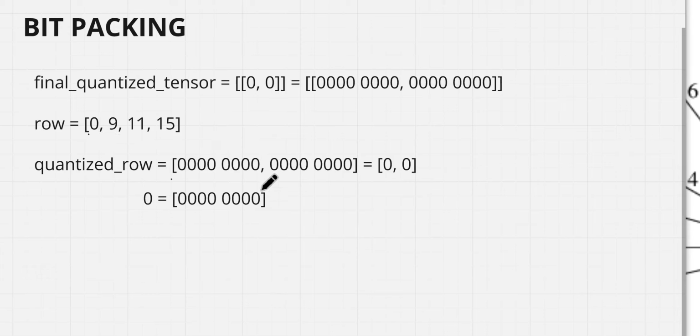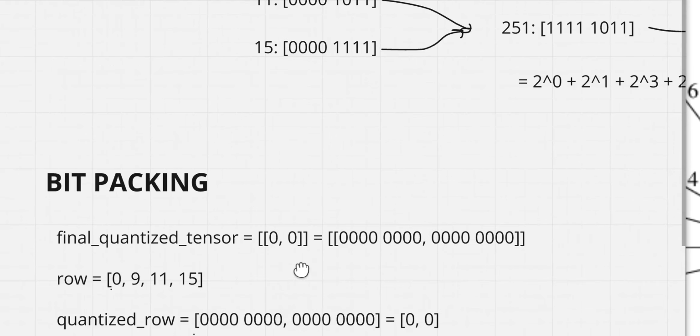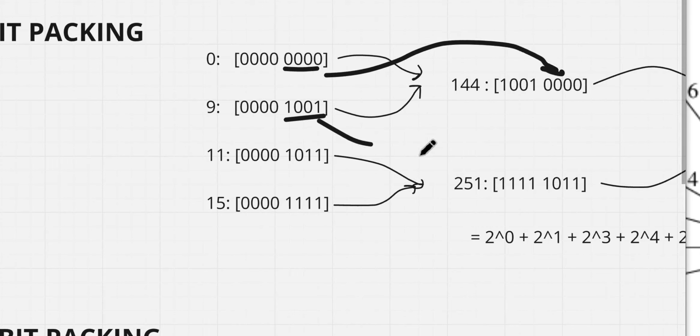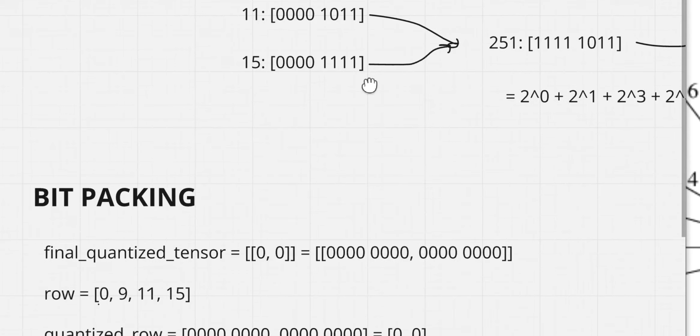And if you remember, 0 takes up this right side. We want to pack these 4 bits that represent 0 into this right side of this one. Just as a reminder, you can see here that 0 gets packed in here, and then 9 right here gets packed in here. And so that is our goal.